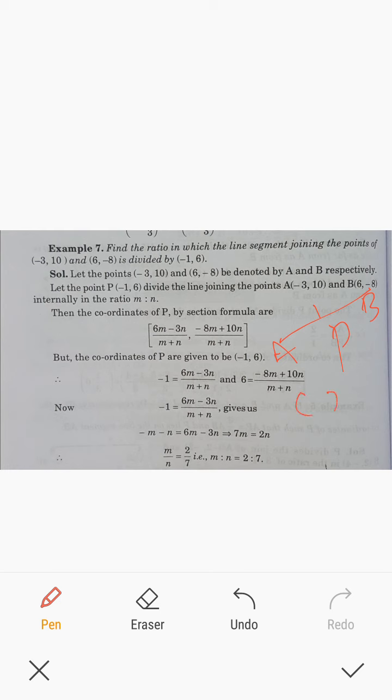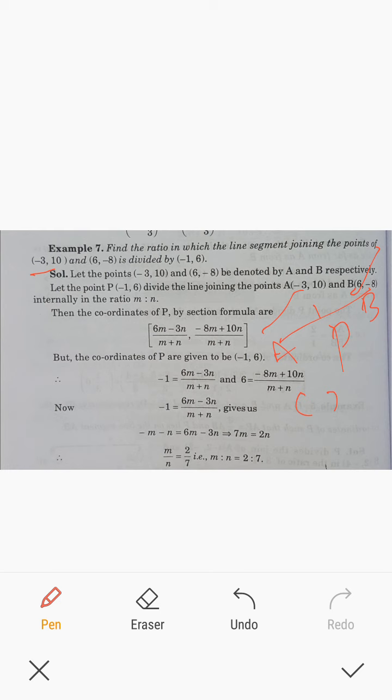We are given the coordinates of A, of B, and also of P. The coordinates of P are (minus 1, 6).